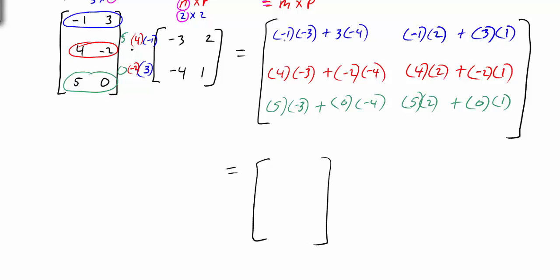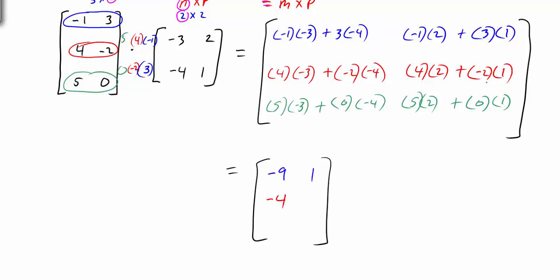So if we look at the first part here in blue, we have negative 1 times negative 3, so that's 3 plus a negative 12, so that's going to be a negative 9. Then over here we get negative 1 and 2 is a negative 2 plus 3, which would be a positive 1. 4 and negative 3 is negative 12 plus 8, so that's going to be a negative 4.